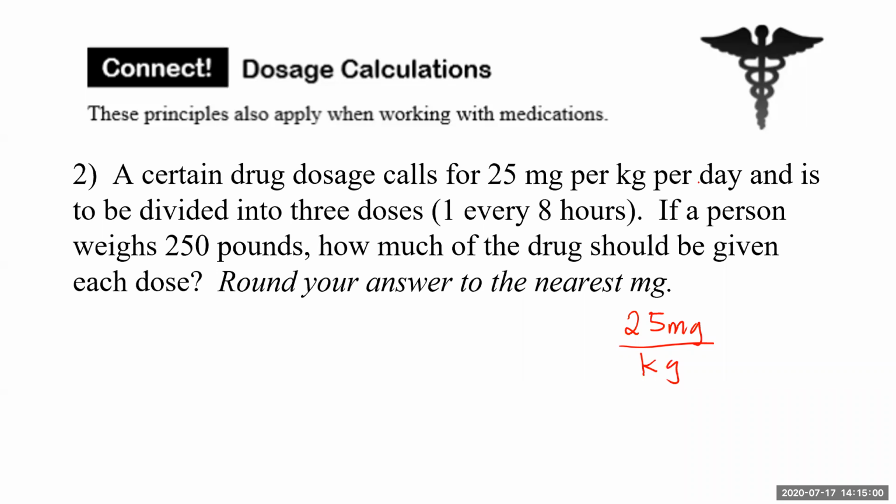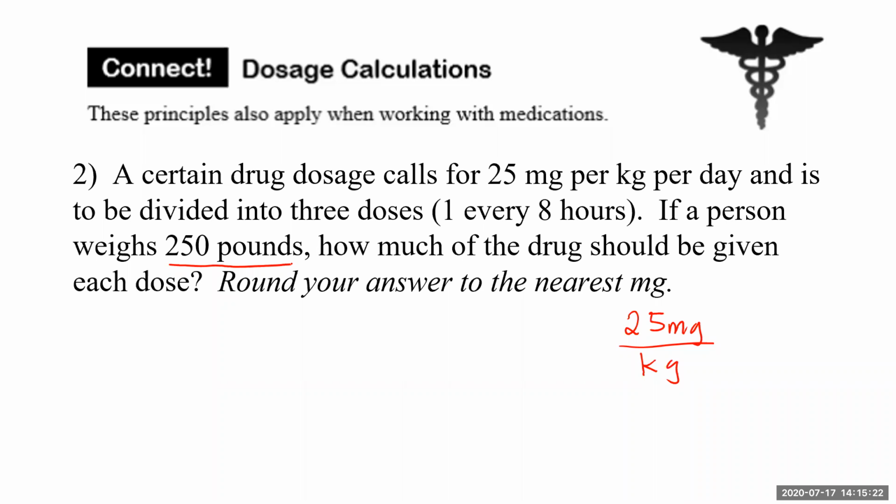This is per day, and it's divided into 3 doses, so every 8 hours you dispense. Now, if a person weighs 250 pounds, how much of the drug should be given in each dose?